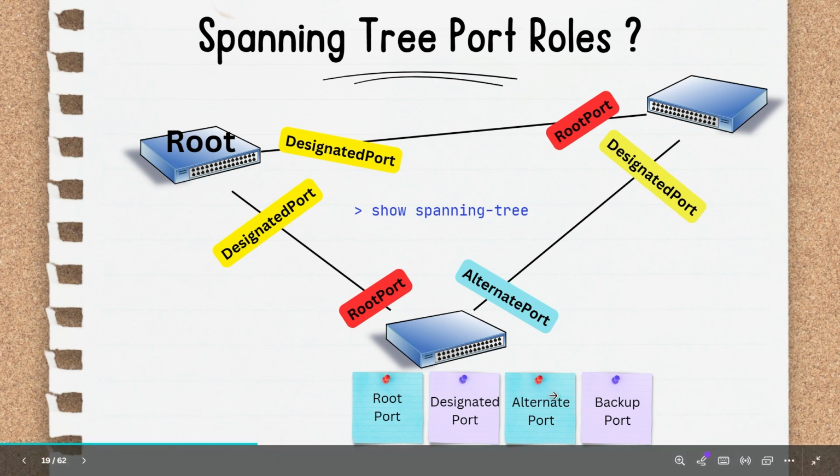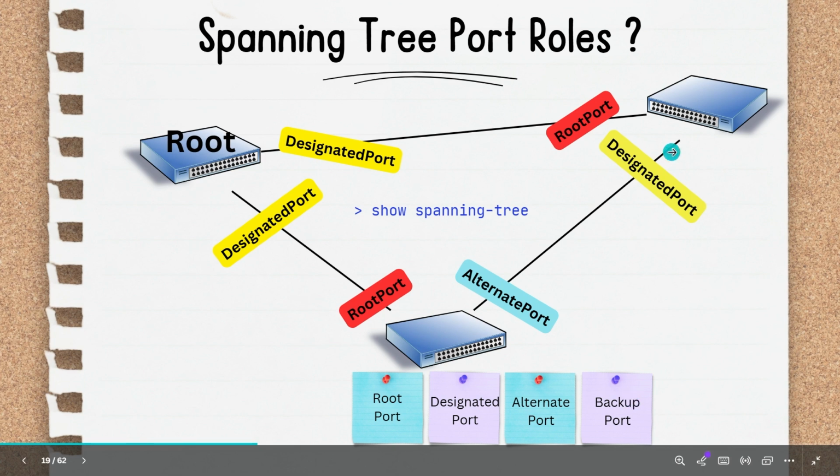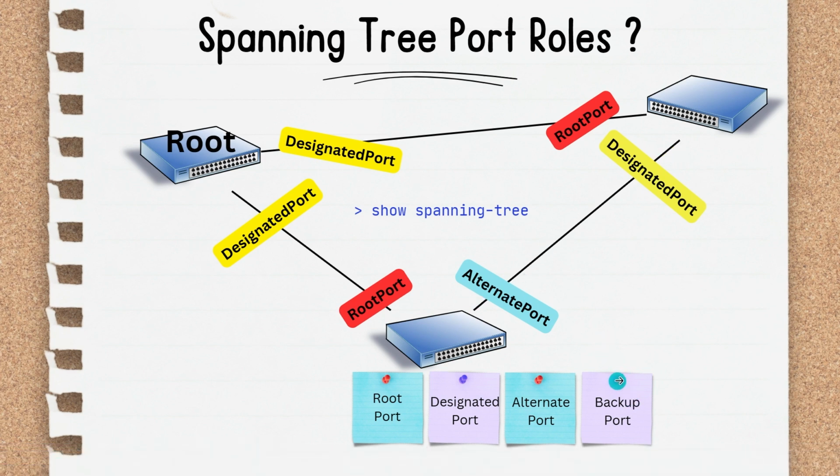Alternate ports are such ports which don't allow or transmit or receive the traffic. That is an alternate port. And backup ports are, let's say one port fails, then backup ports are ports that can be used as backup. STP also detects that and assigns that port.